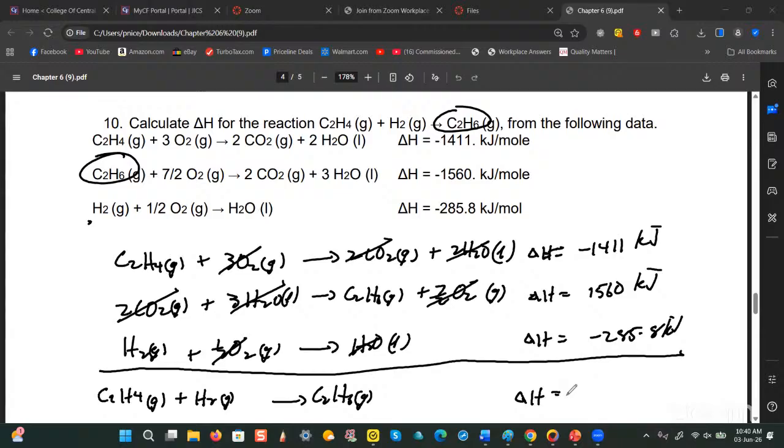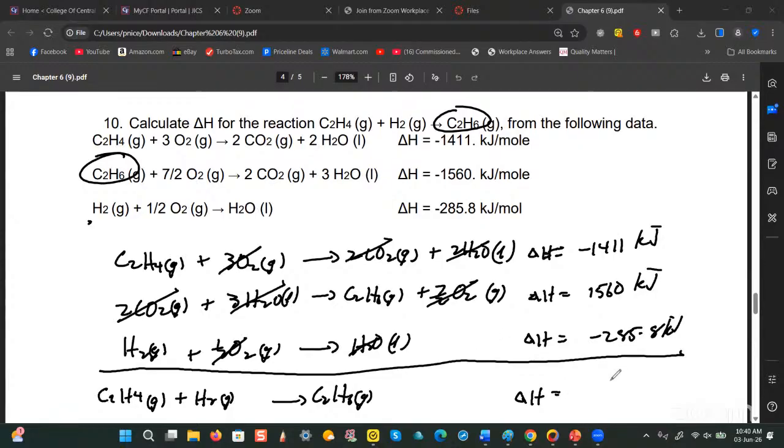So that's 1411 plus 1560, and then minus 285.8. Oh no, I did something wrong. Okay, I'm going to do 1411 plus 1560, and then minus 285.8.